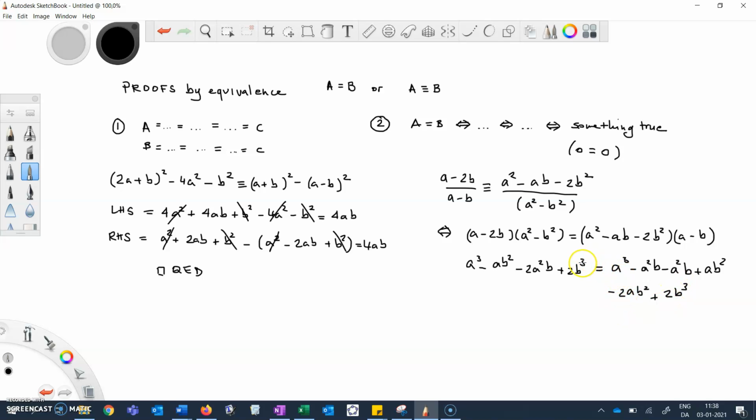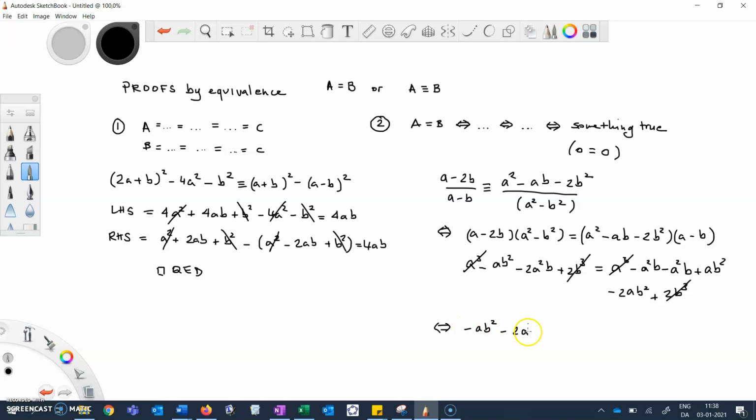And now you see here that on the left-hand side I have this term, but I also have it on the right-hand side. I have a cubed, and I also have a cubed here. Now I have to rewrite this statement into something more sensible that I can actually work out. So what do I have?